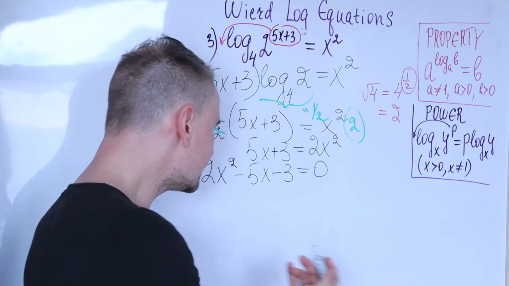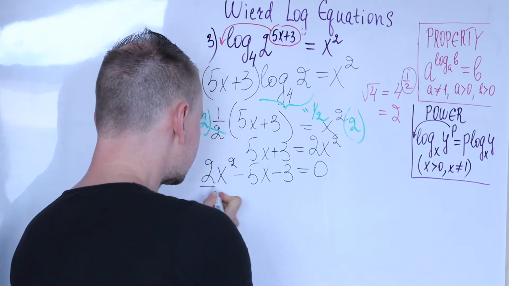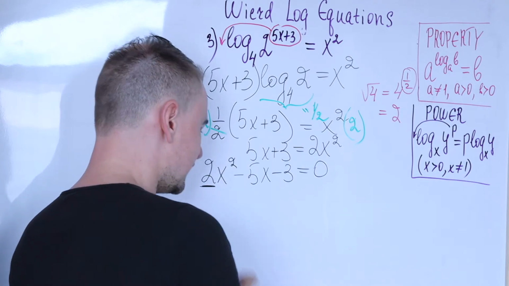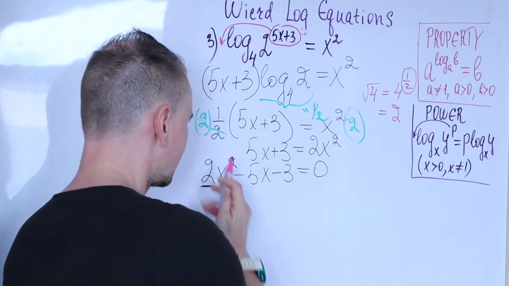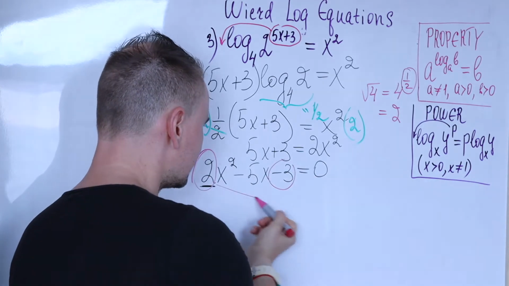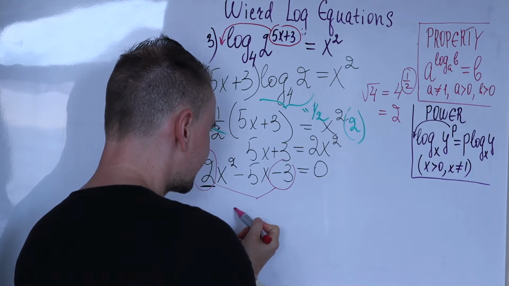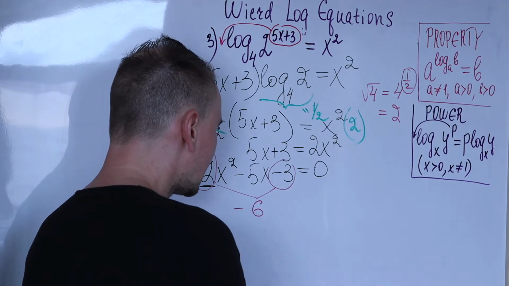Since the leading coefficient is 2 and the constant is -3, multiply them out and it becomes -6.